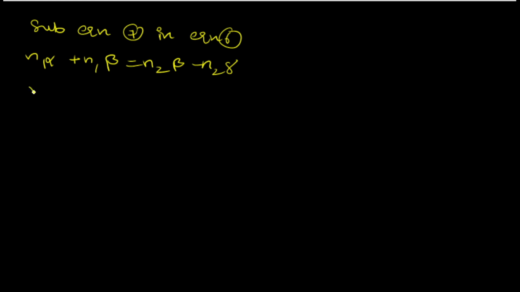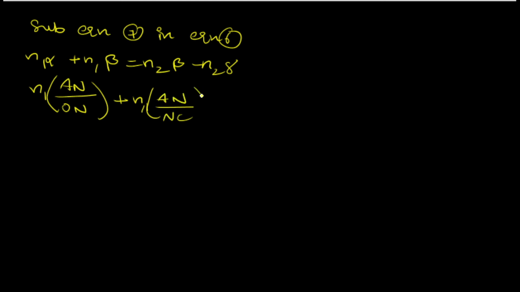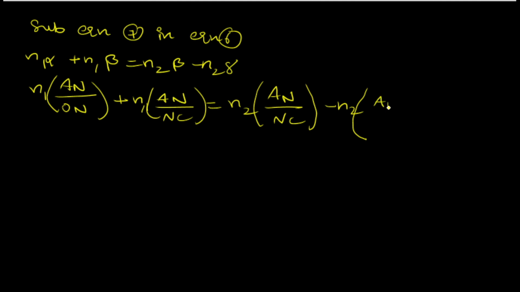And what is alpha we have? n1 into AN by ON, plus n1 into beta, which is AN by NC, is equal to n2 into beta, which is AN by NC, minus n2 into gamma, which is AN by NI.